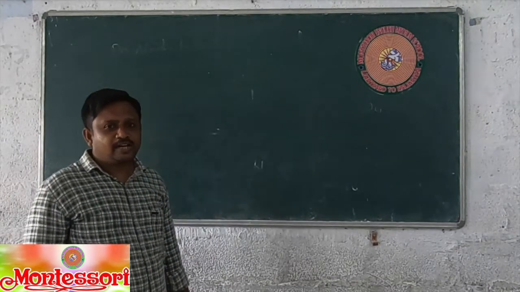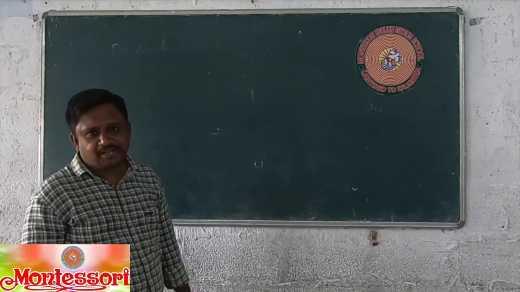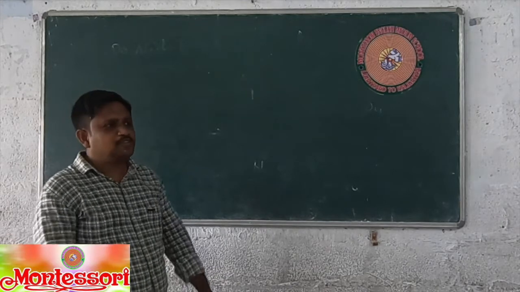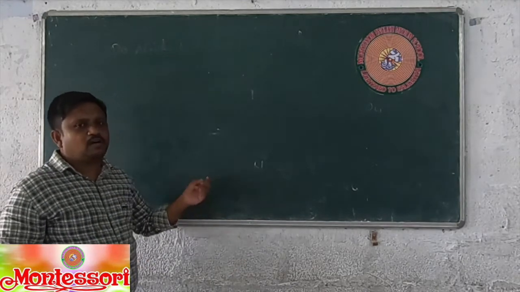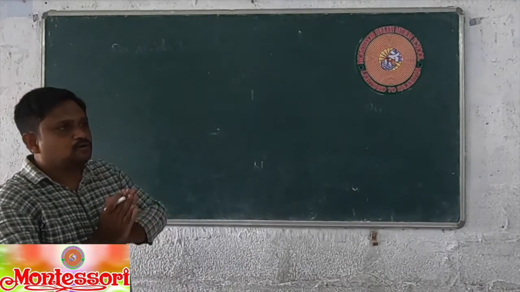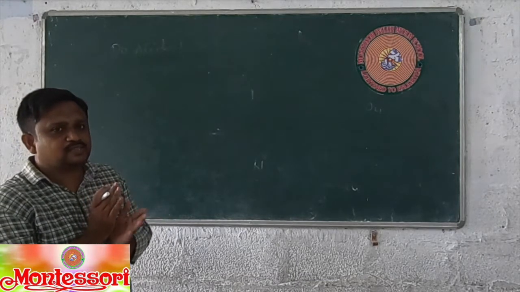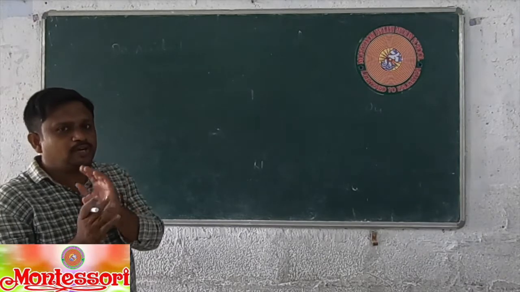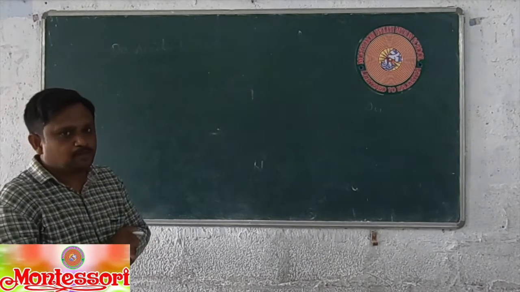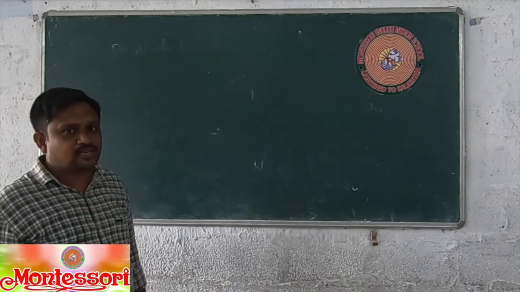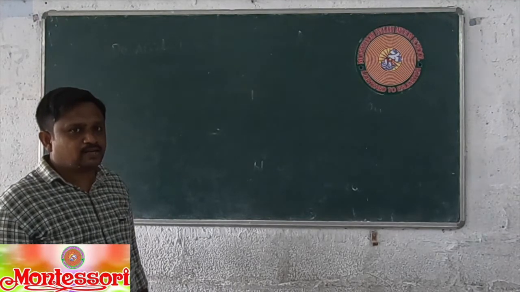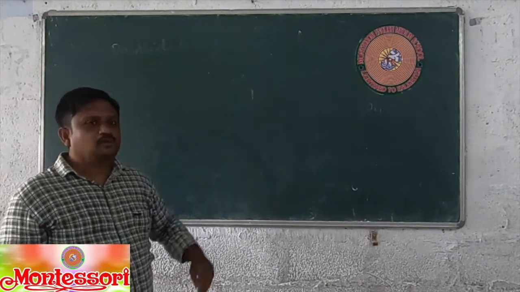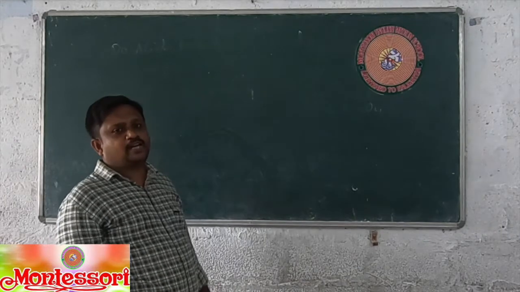Hello and welcome to video number 17. In the previous video we learned how HCl gas reacted with blue litmus paper, dry and wet. Their H plus ions are responsible for changing the wet litmus paper.